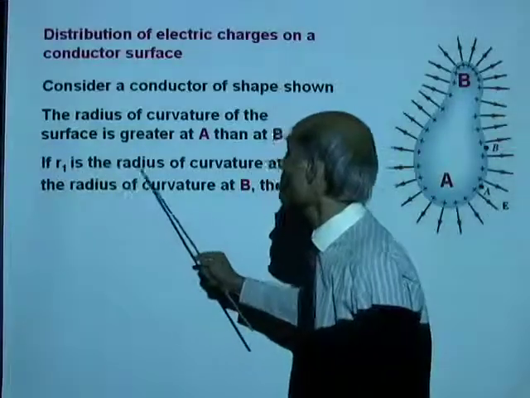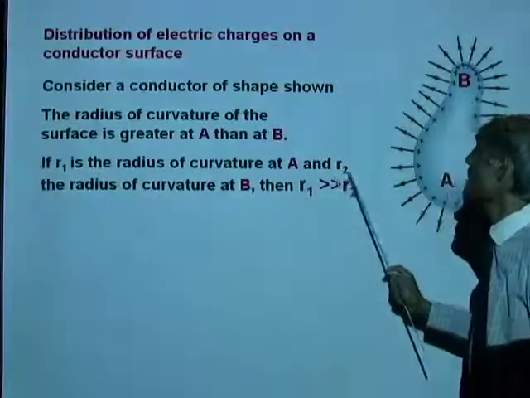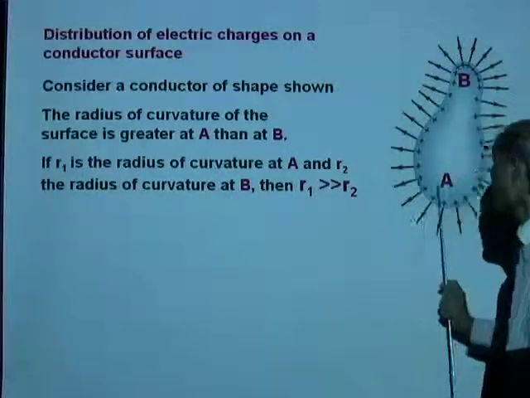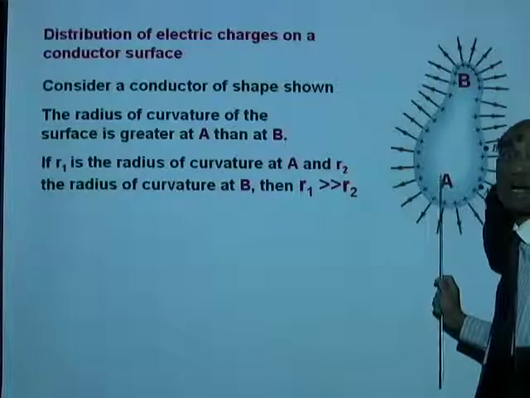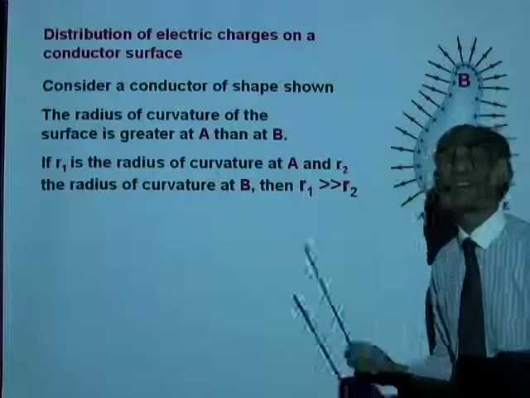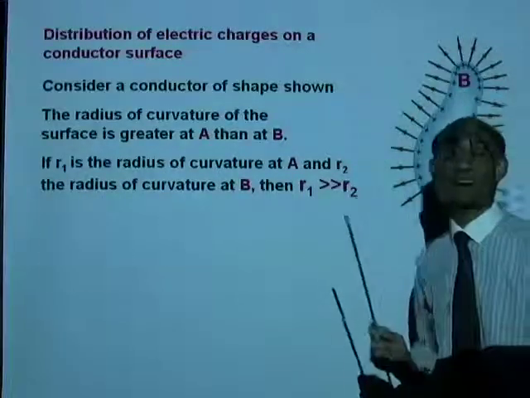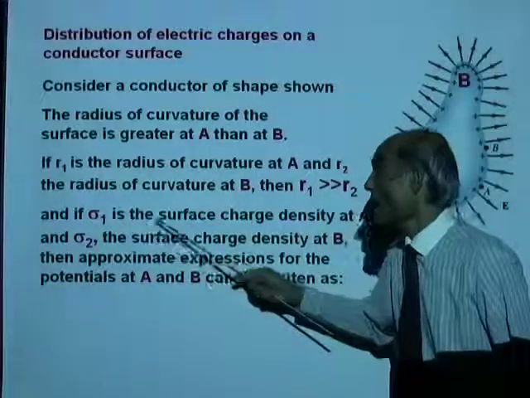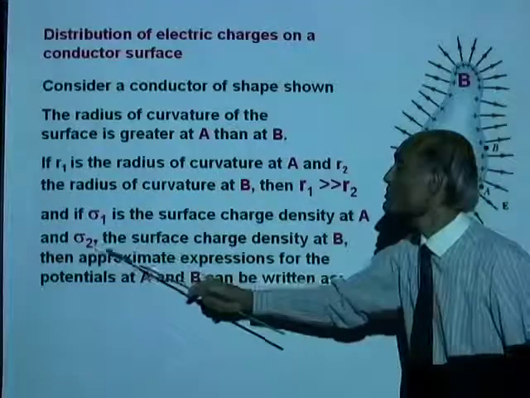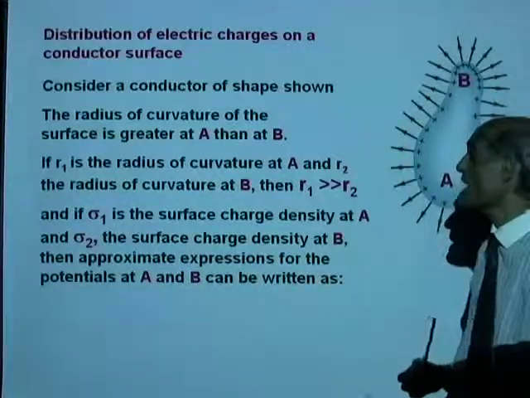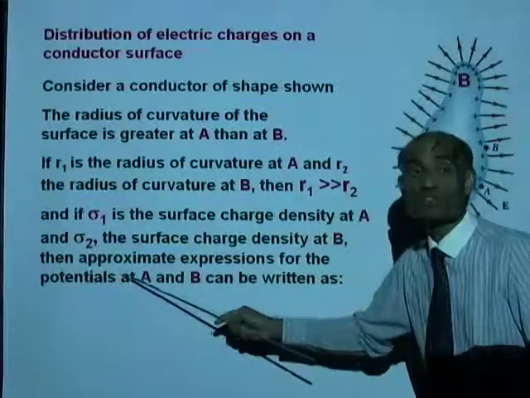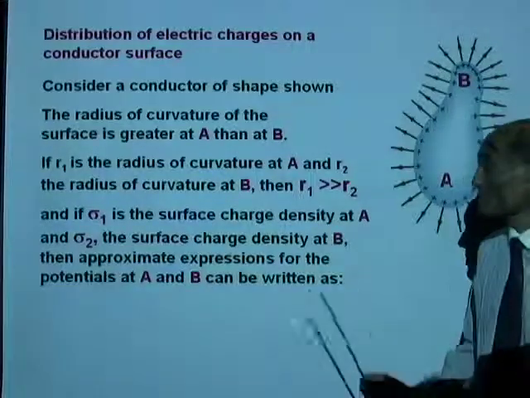If R1 is the radius of curvature at A and R2 the radius of curvature at B, then R1 is much greater than R2. If sigma 1 is the surface charge density at A and sigma 2 is the surface charge density at B, then approximate expressions for potentials at A and B can be written as follows.